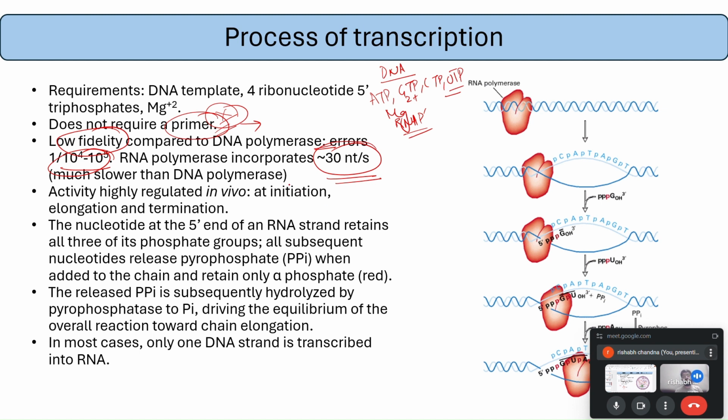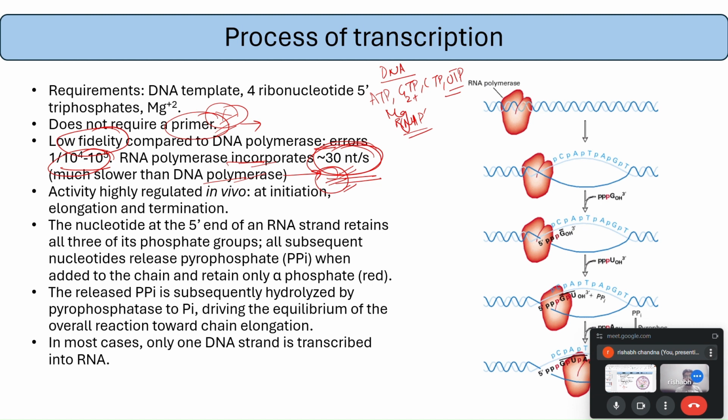For bacterial DNA polymerase, I'll check and let you know, I am not remembering the correct value, so I'll let you know about the movement of the DNA polymerase. But the RNA polymerase has a lower rate of base incorporation in the RNA molecule. It's 30 nucleotides per second, and it is highly regulated at each of the three steps of transcription, that is initiation, elongation, and termination.